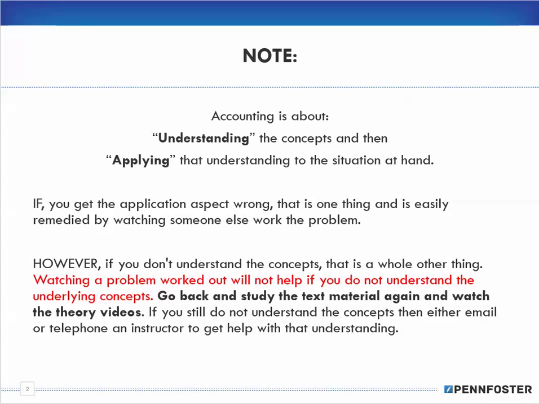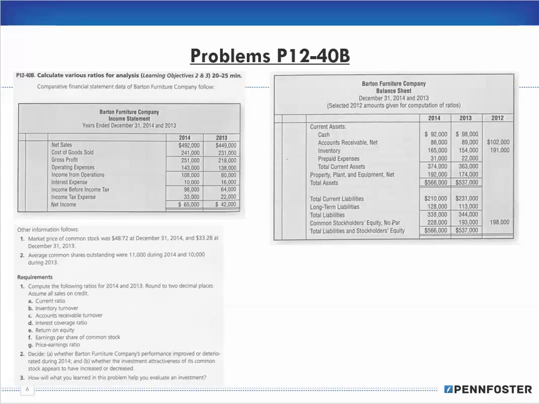All right, so let's see here, problem 40. It says calculate various ratios for analysis. So here's my income statement and my balance sheet, giving me multiple years of information. Other information: the market price of the common stock was $48.72 on December 31st, 2014 and $33.28 in 2013.